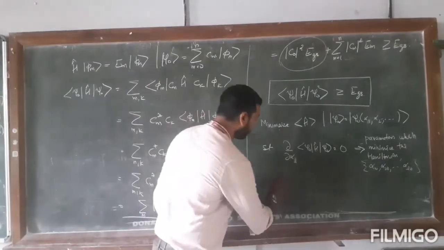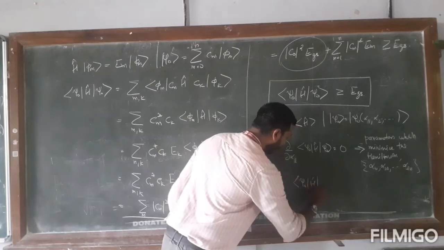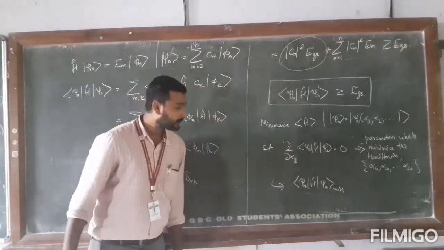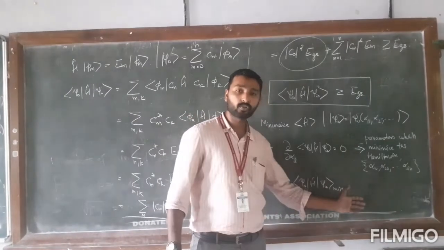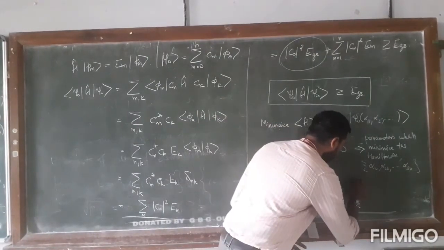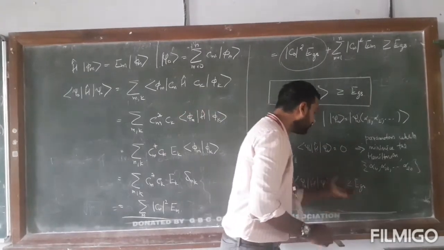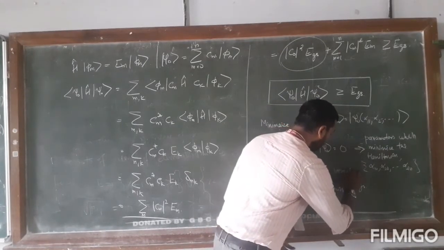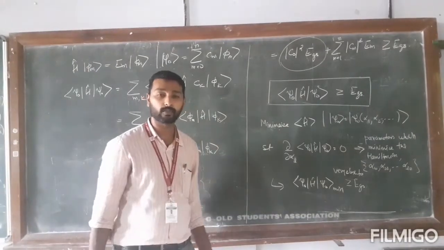From this I will get ⟨psi 0|H|psi 0⟩ minimum. This ⟨psi 0|H|psi 0⟩ minimum value will be very close to the ground state energy. So I can write it as slightly greater than or equal to EGS, but this value would be very close to EGS. It's approximately equal to EGS.